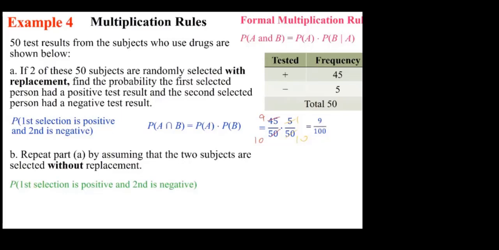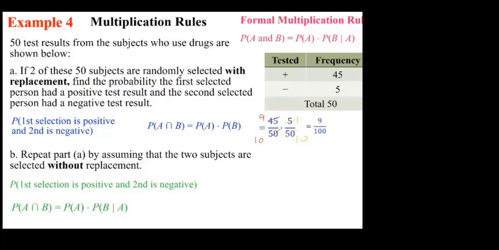However, what happens in part B? We're going to repeat the same thing, but this time without replacement. So when we do without replacement, we have to use the formula at top. Probability of A intersection B is the probability of A times the probability of B given that A has occurred. Now, what is the probability of A?